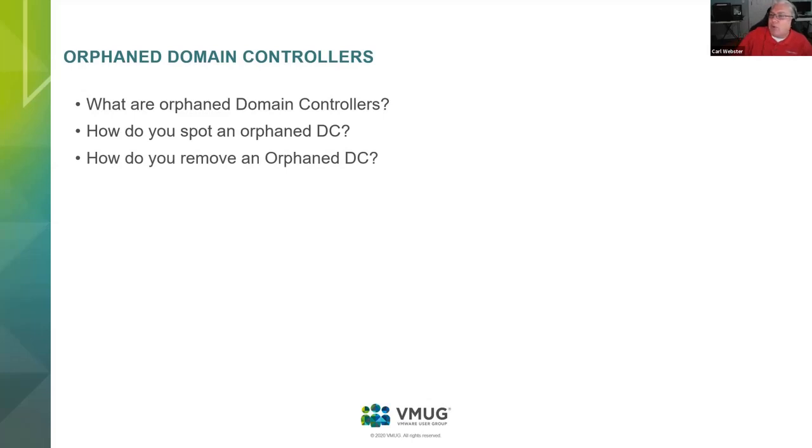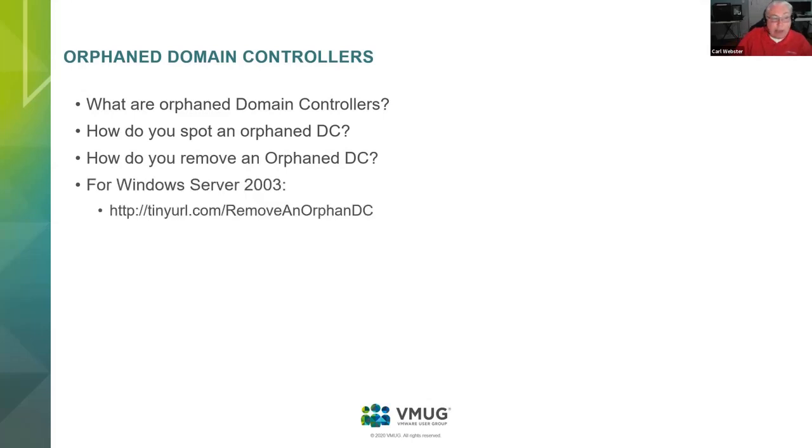How do you remove an orphan DC? Back in the old days, if all you had were 2003 or earlier domain controllers, you had a 31-step process that you had to go through using NTDSUTIL to clean out the domain controller, the sites and services, all those records, the global catalog, PDC, all that stuff.